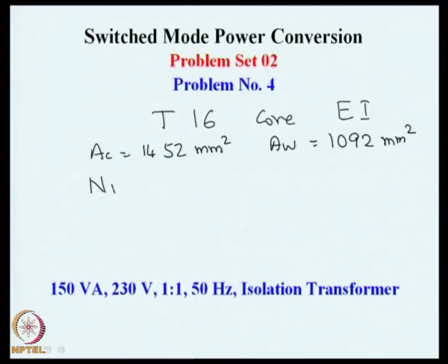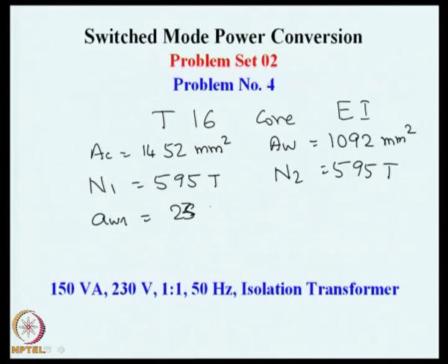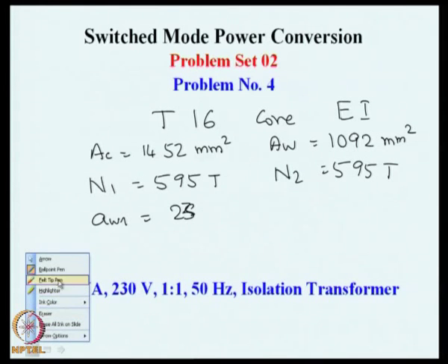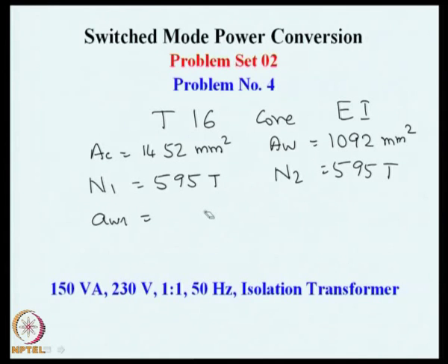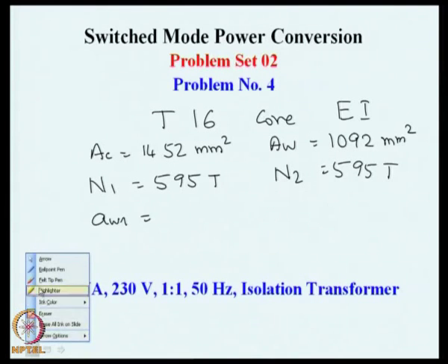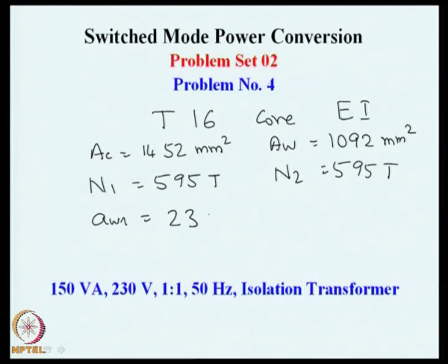In this, we need to put a primary of 595 turns and a secondary of 595 turns, and then cross section of primary will be 23 SWG, and the secondary cross section also is 23 SWG. That is because this is a 1:1 transformer.